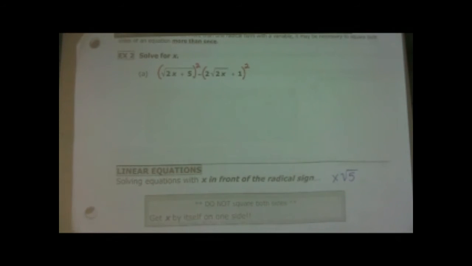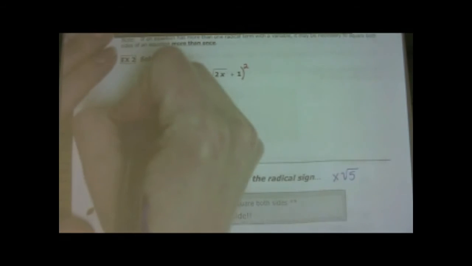Okay? When we square this side over here, we get 2x plus 5. Over here, we've got a binomial, so we've got a FOIL. So let's do the firsts. Square root of 2x times square root of 2x is 2x. Times 2 is 4x.